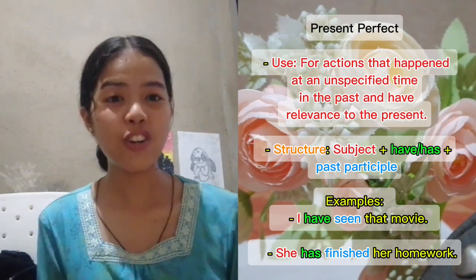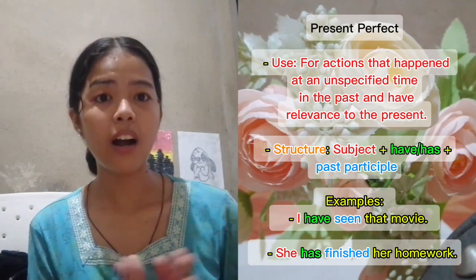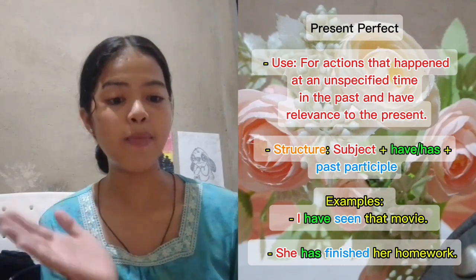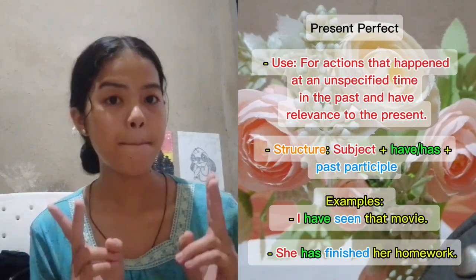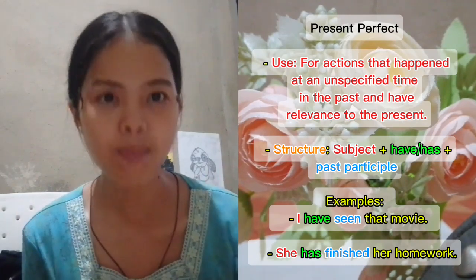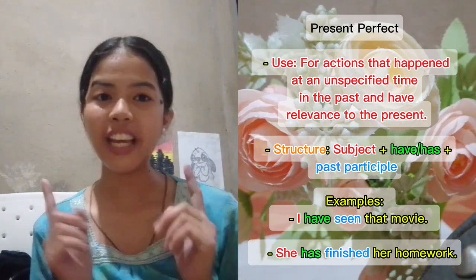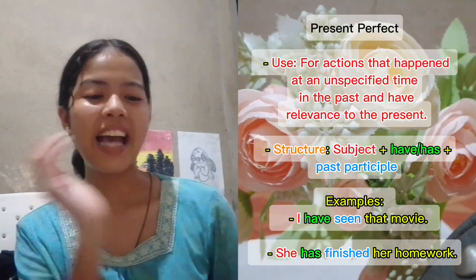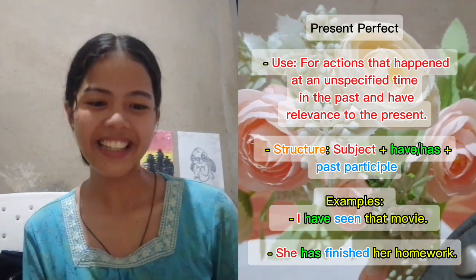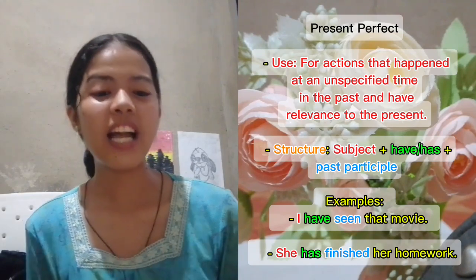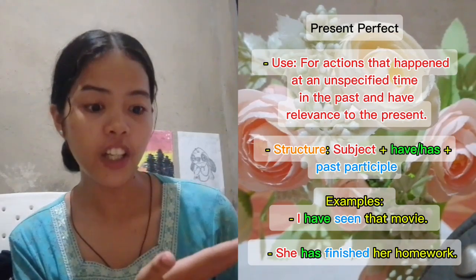So the structure follows the subject plus have or has plus past participle. So here is the example. I have seen that movie. Okay? The second example is she has finished her homework.